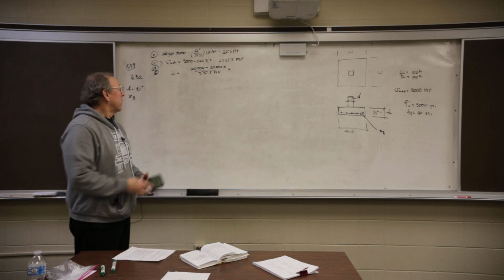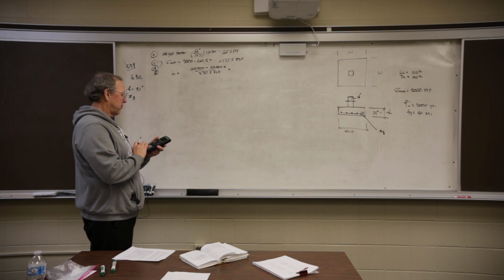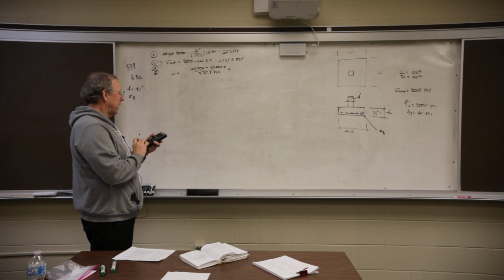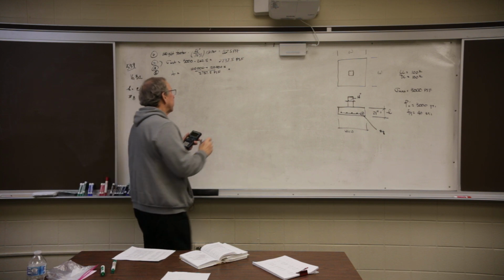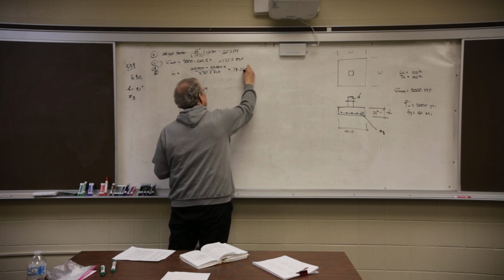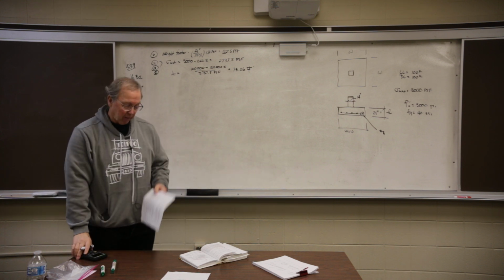So I'm going to take 200,000 pounds, 200,000 divided by 2737.5. I get an area of 7306. There's the number of square feet I need laying against the ground.